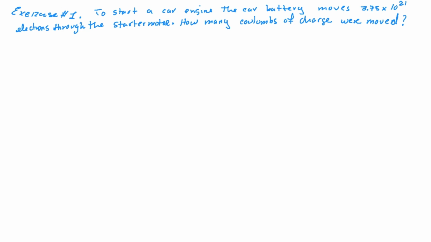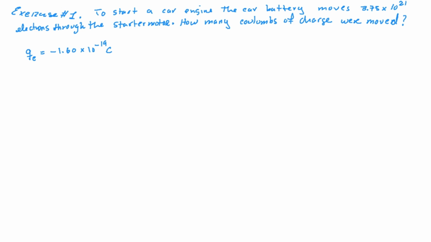So what we have to know here, the charge of one electron is minus 1.60 times 10 to the negative 19 coulombs. Right? This is coulombs per electron. This is the charge of one electron. So what they want to find in this case is the total charge that was moving.